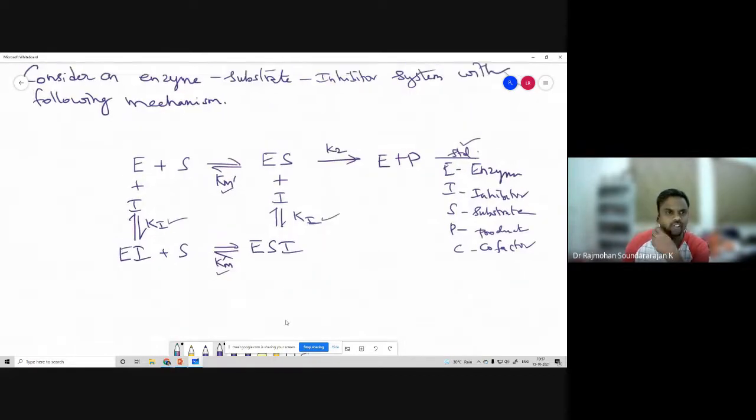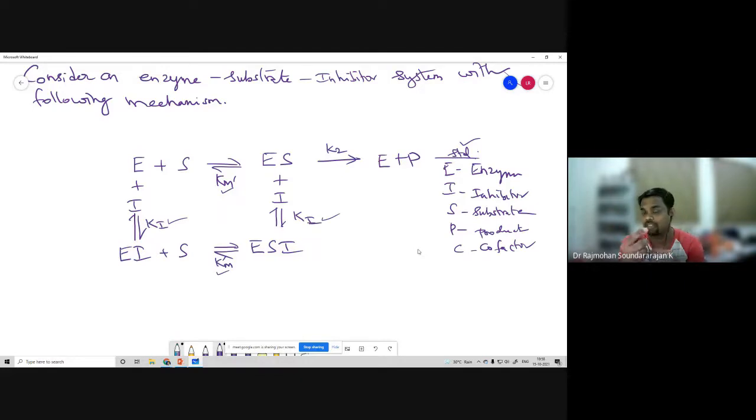So the question here is, consider an enzyme system; please develop the rate equation for this system. What we should know here is that this is not a competitive mechanism. Here the inhibitor is not occupying the active sites that are supposed to be occupied by the substrate.